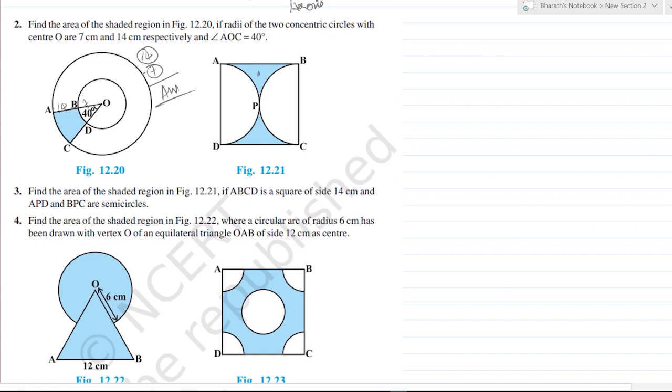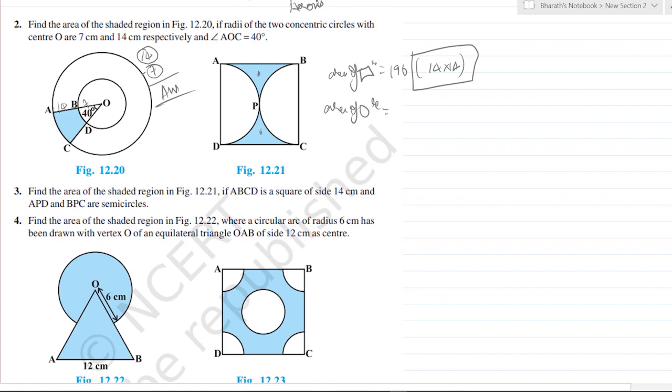Here, if you find the area of shaded region, area of square, side is 14 centimeter, right? So it will be 196, 14 into 14. Fine. Area of circle. Why circle?